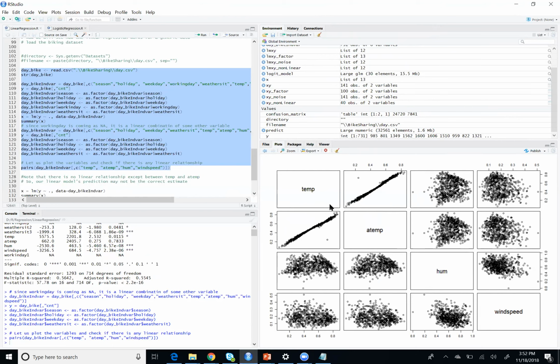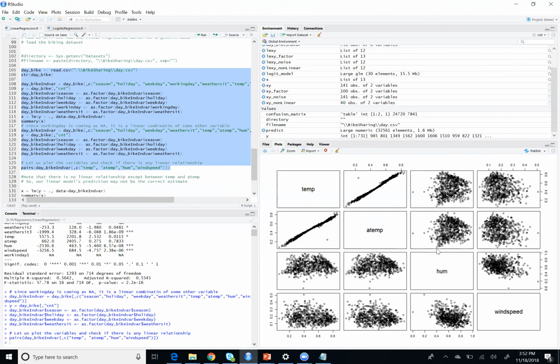So given these features, can we say something about the number of bikes they need to store? But if you look at this plot, it is a plot between temperature and atemp, which is another feature of temperature which we have. Obviously both of them are related, so you see they're collinear with each other.